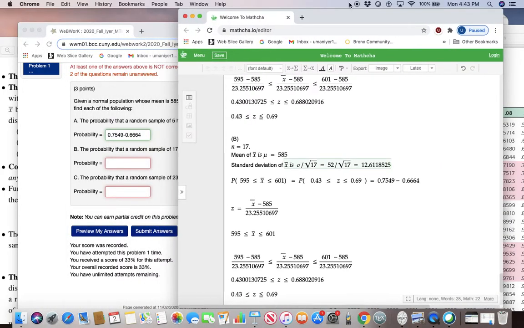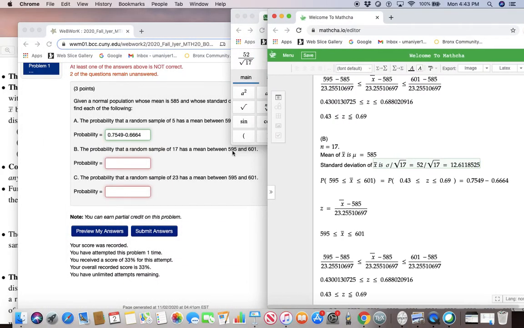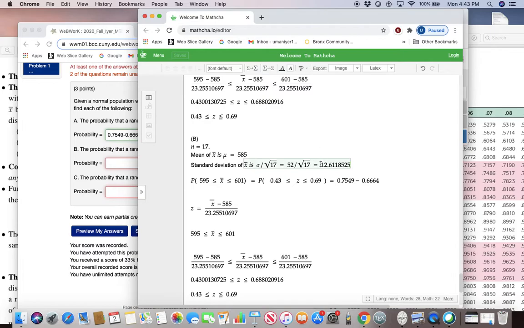So now what are the limits for x bar? Same, 595 to 601. Now z is x bar minus its mu over the new standard deviation.